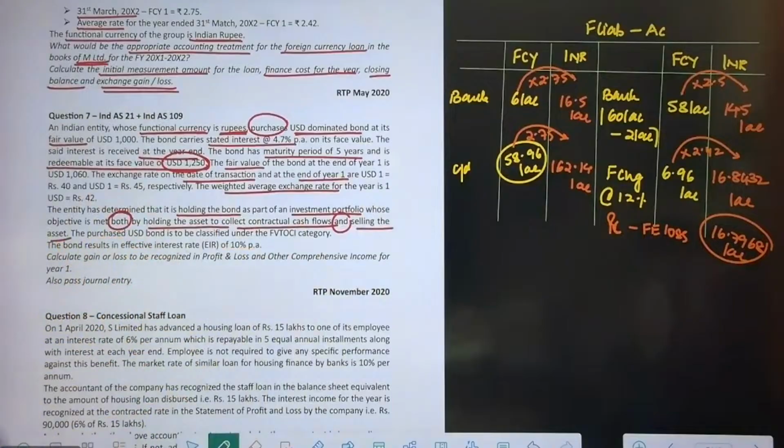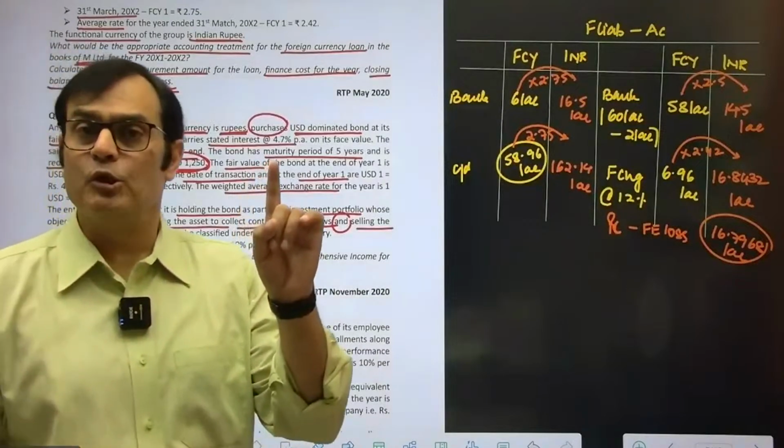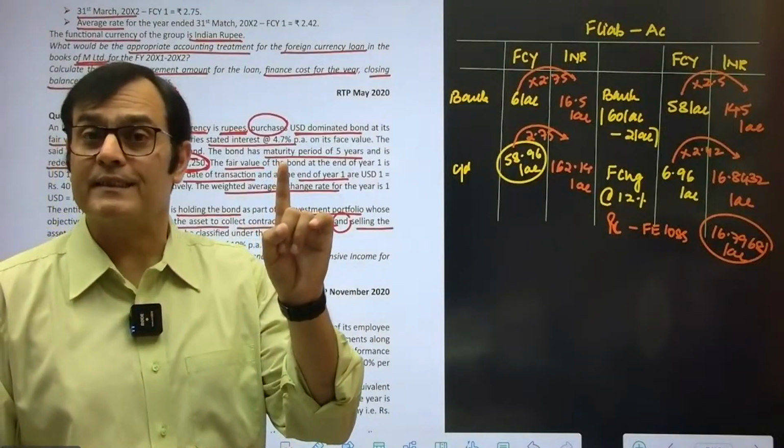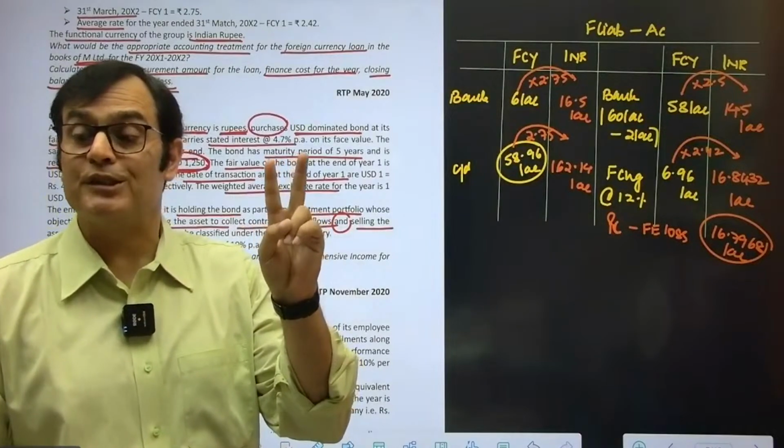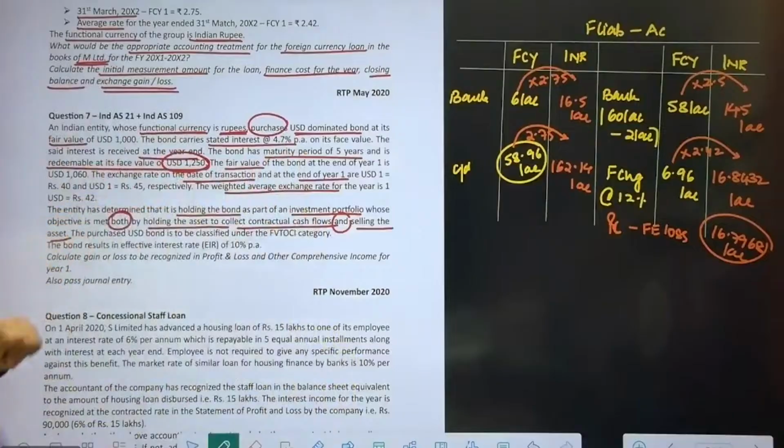So what category is he calling this? There is a dual objective of holding the asset for collections as well as the sale of the investment. So what do you think the business model is indicating? It's a mixed model. Absolutely correct.